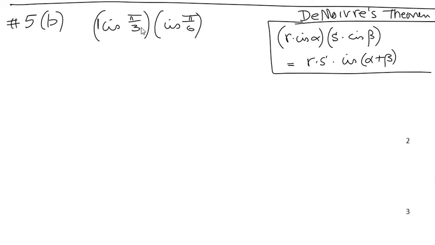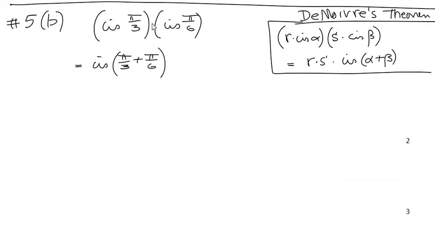In these problems, of course, the modulus for both of these is 1, so we just don't have to bother worrying about the modulus, because 1 times 1 is 1. So all we need to worry about is the fact that we're supposed to add the two arguments. So this is going to be cis of pi over 3 plus pi over 6.